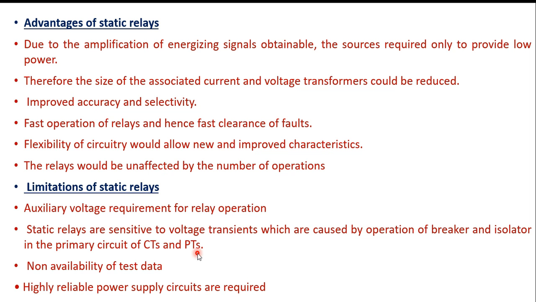The operation of the relay may be affected by the transients in the current and potential transformer. Then, there is non-availability of test data. Highly reliable power supply is required.